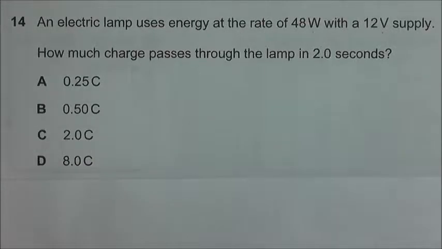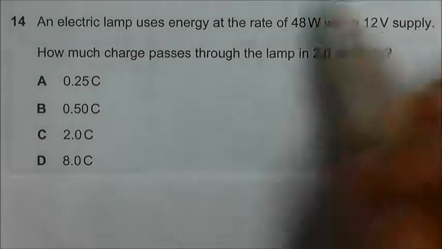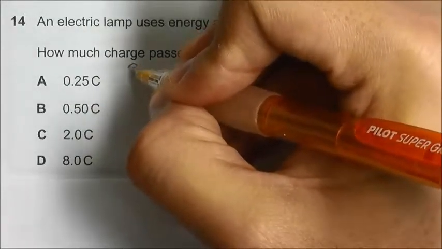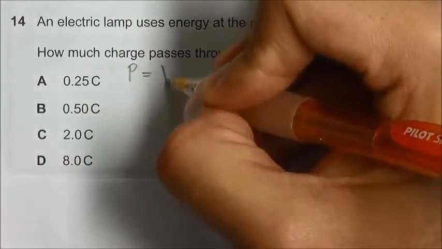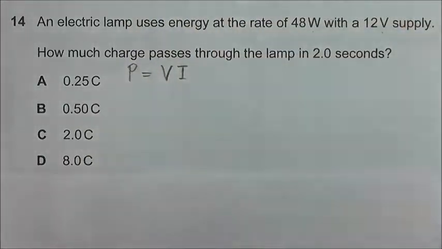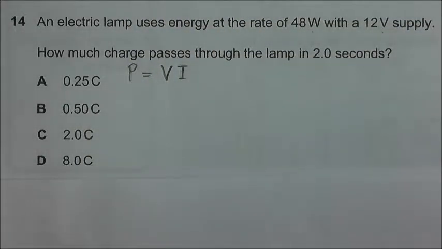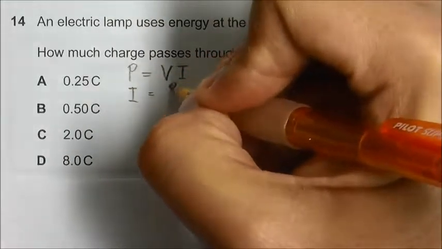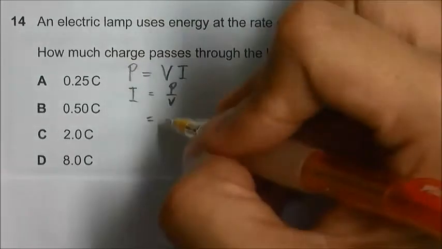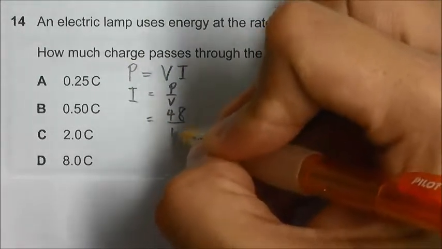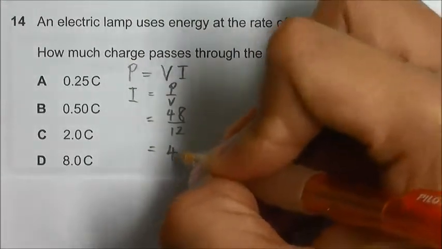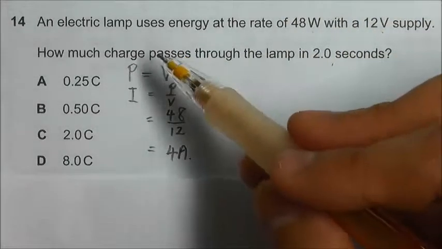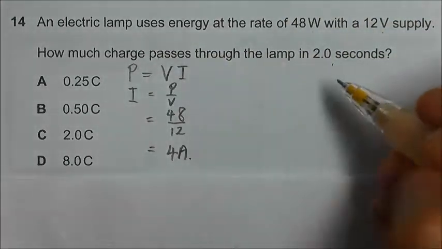We are given the power and the voltage rating of this electric lamp. So we can use the power is equal to VI formula to find out the current that the electric lamp is using. So I is equal to P over V, that will be 48 divided by 12. We have 4 ampere. We're going to find out how much charge passes through the lamp in 2 seconds.